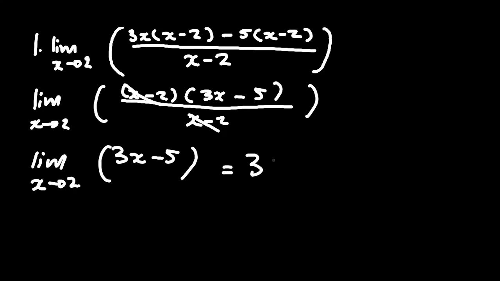So I have 3 into 2 minus 5, and this will give me 6 minus 5, and that is equal to 1. So the limit of 3x into x minus 2 minus 5 into x minus 2, divided by x minus 2, as x approaches 2 is 1. So I hope you get it correctly on your side. So let's go for the next example.